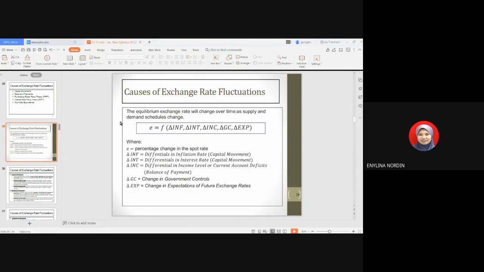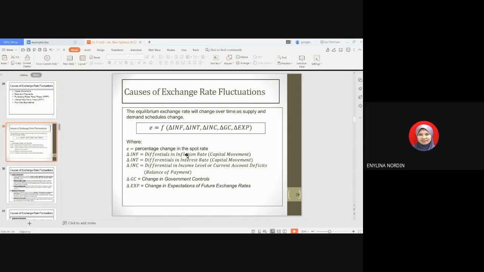In general, the exchange rate will be determined at the equilibrium after taking into consideration all the differentials in inflation rate, changes in the interest rate, changes in the income level, changes in the current account deficit, that is the balance of payment, changes in the expectations of the future exchange rate, and changes in government control.